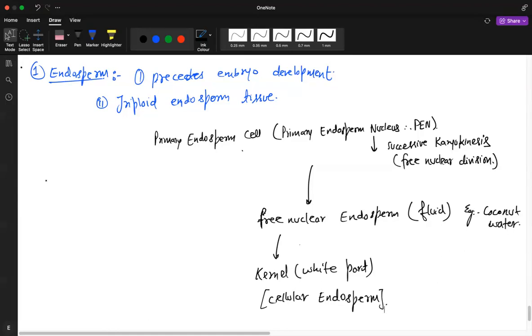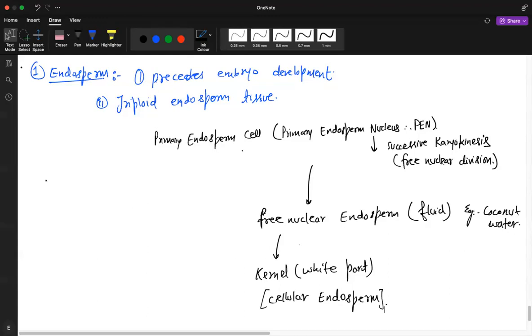And in some cases, there is a lot of endosperm left even after the seed is mature and ready. Even in that case, it does not mean that the seed will not use it. The seed will, of course, use it, because the embryo will always use endosperm, but then it uses during germination.